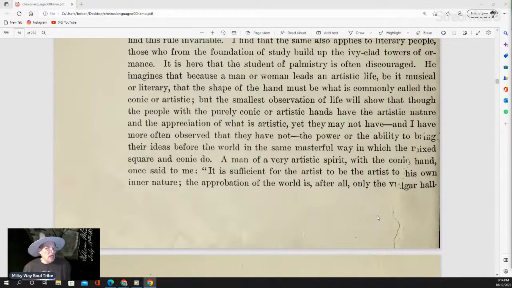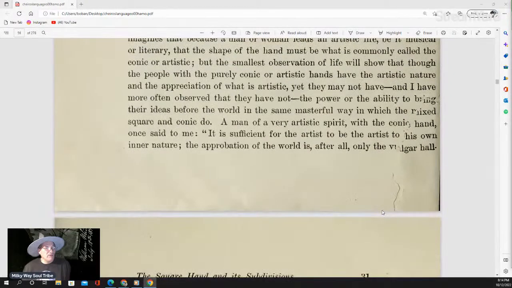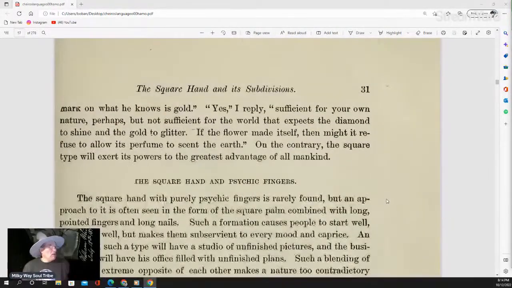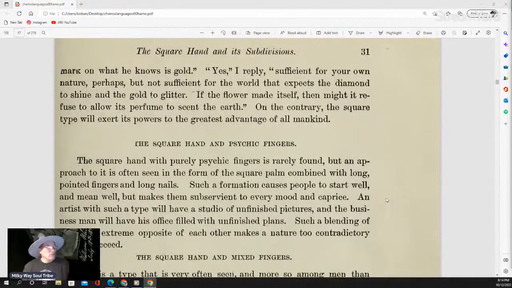A man of very artistic spirit with the iconic hand once said to me, "It is sufficient for the artist to be the artist to his own inner nature. The appropriation of the world is, after all, the only vulgar hallmark on what he knows is gold."